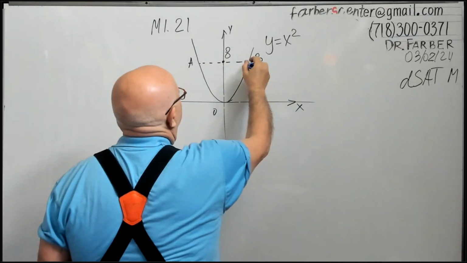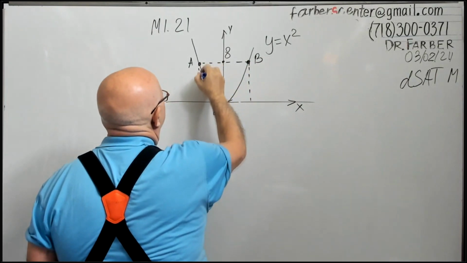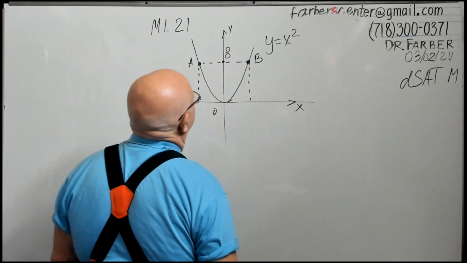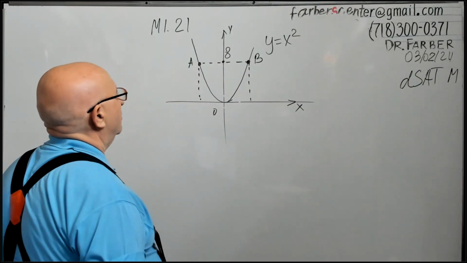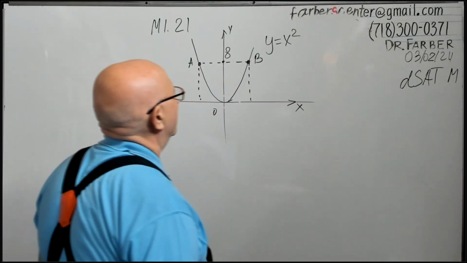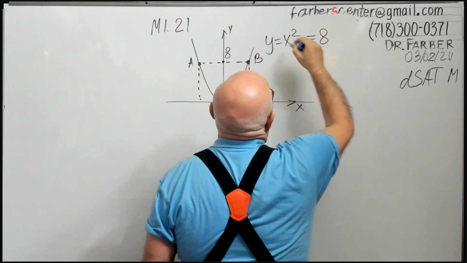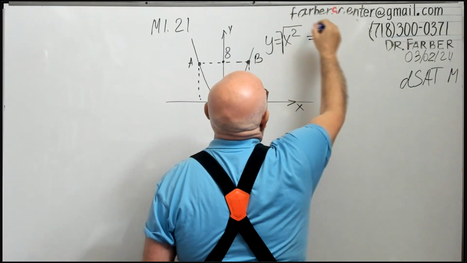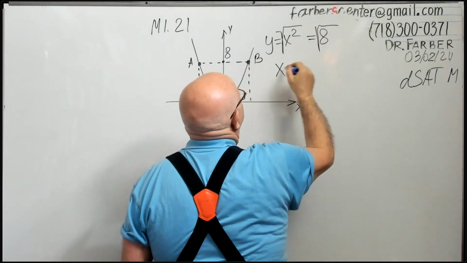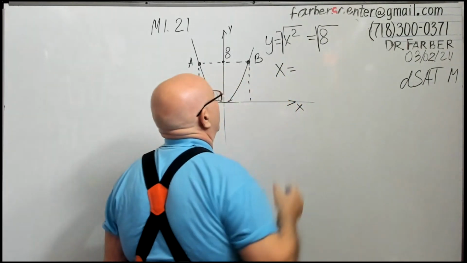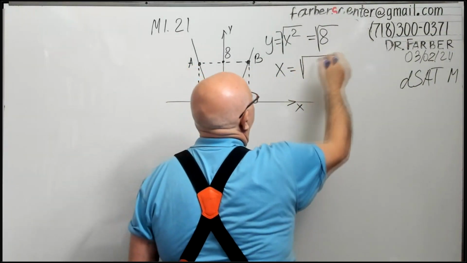So it means this one and this one, these 2 points, have the same y-coordinates. And how do we find this x-coordinate? x squared equals 8. If you take the square root of both parts, you can easily find x. x equals the square root of 8. It's not a perfect square, so you can represent it as 4 times 2.